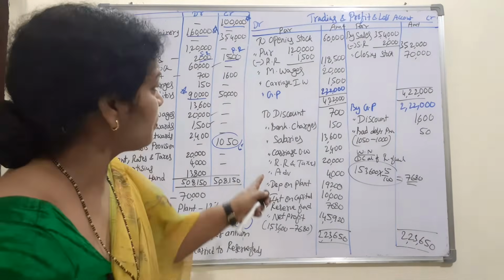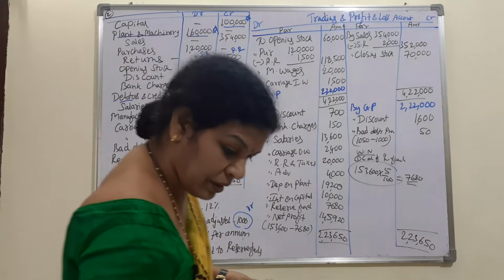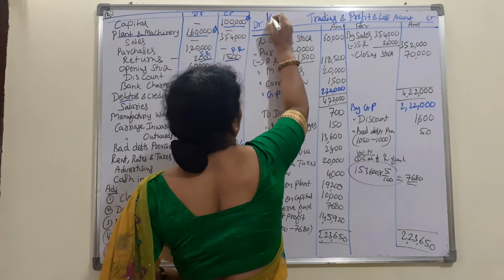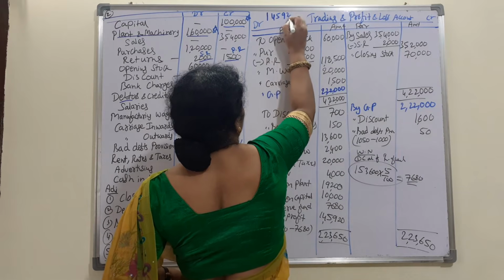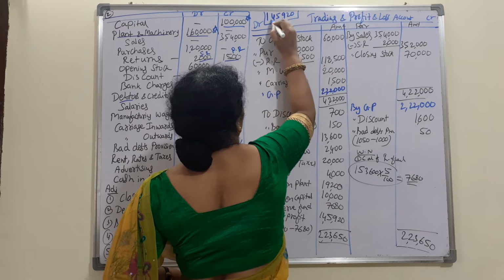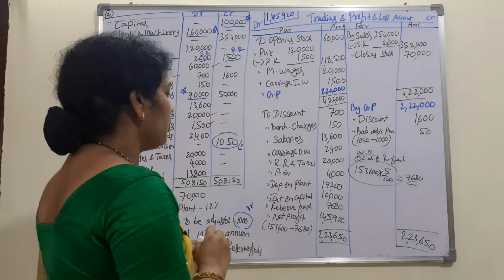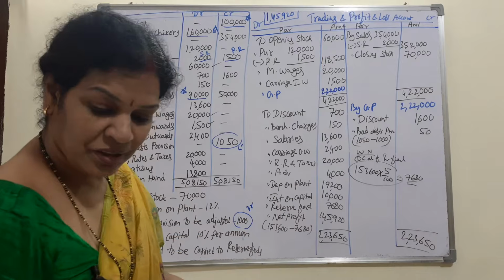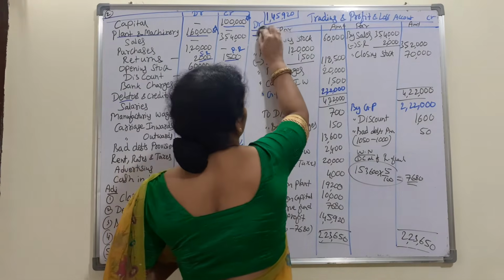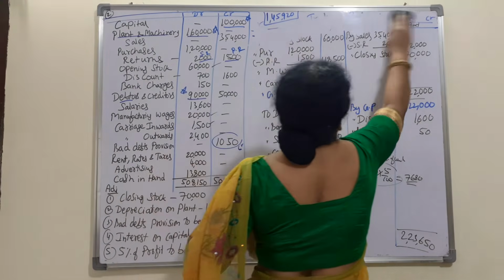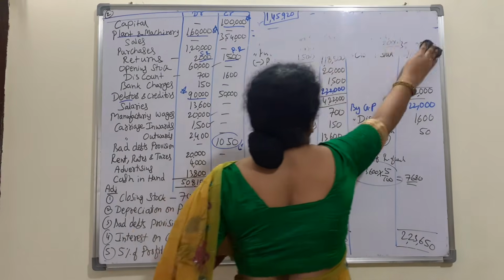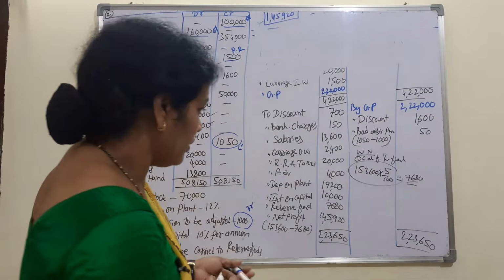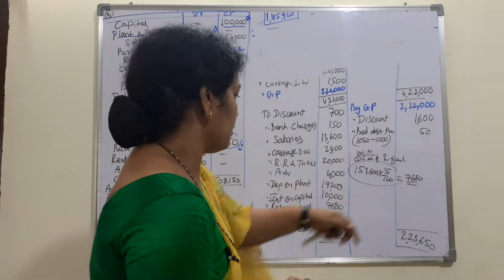Now what we'll do, first we'll rub everything. Let me write this net profit here, 1,45,920. This is the amount needed, and also reserve fund 7,680. Whatever is needed, we'll write it over here. Reserve fund, how much did you get? 7,680.